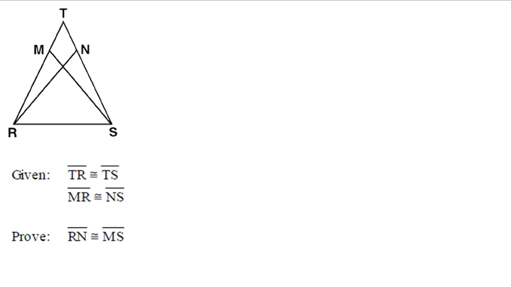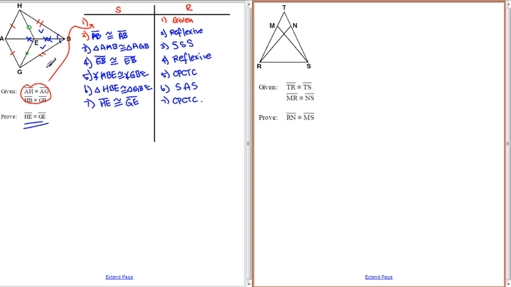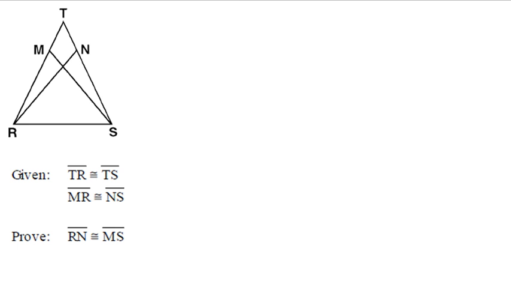Here we have, which is somewhat similar to the first picture, we have an overlapping kind of idea here. Now, let us try to mark the givens here. TR, which is this entire line segment, is congruent to TS, which is another entire line segment, or side of the triangles.